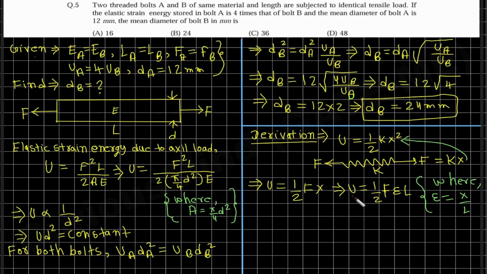So the strain energy becomes equal to half F times linear strain times L, because the linear strain is equal to the ratio of change in length, which is x, divided by initial length. This is the linear strain of the bar. So we replaced x with epsilon L.